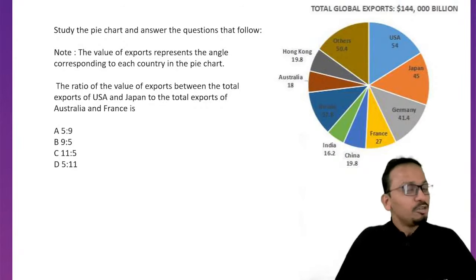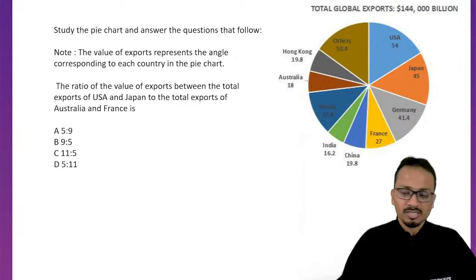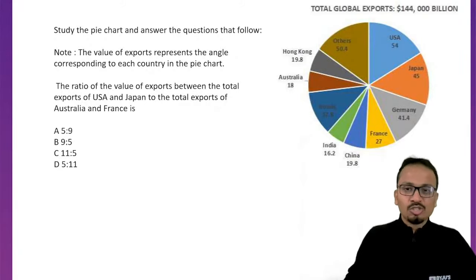Now, each and every question will be doable. It's just a question of how much time you are spending on each and every question. This is very important. So come on, just quickly solve it.